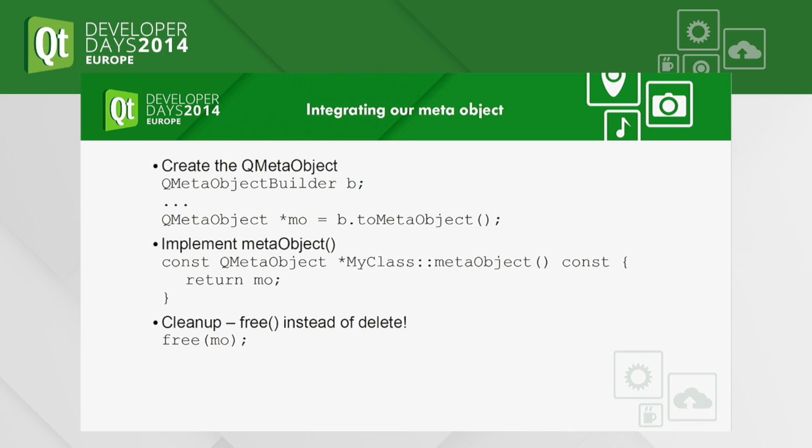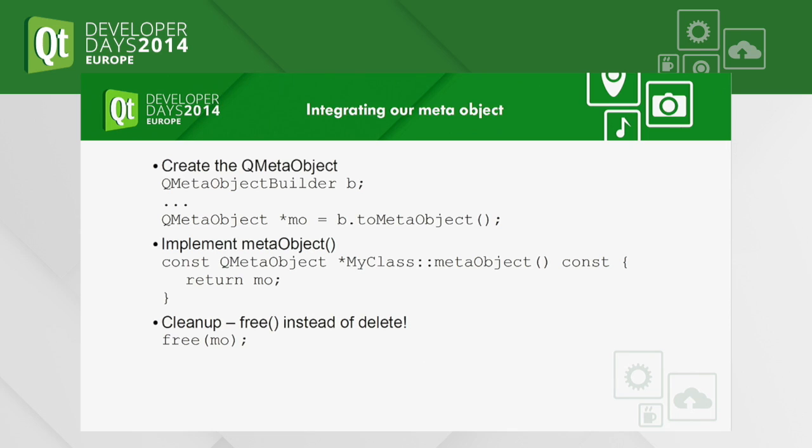At this point, it's read-only, but it has exactly the same data tables in it as moc would usually generate for you. Right, and then it's just a matter of integrating that in our class. But that's as easy as just returning it in the virtual metaObject method, right, that the Q_OBJECT macro defines.